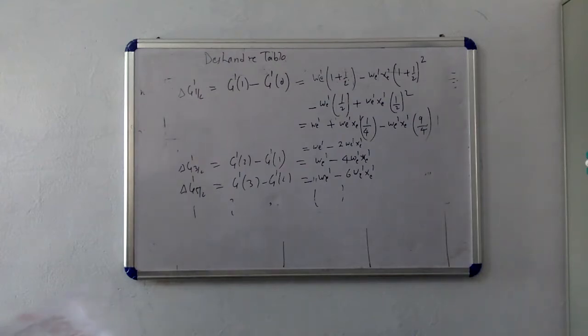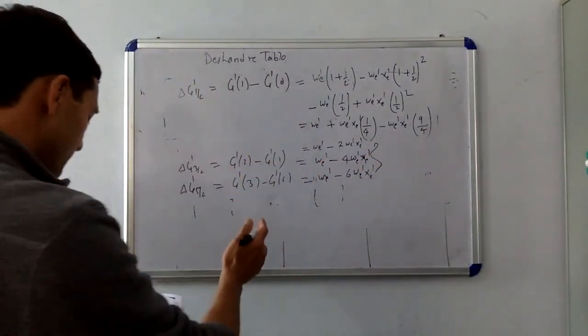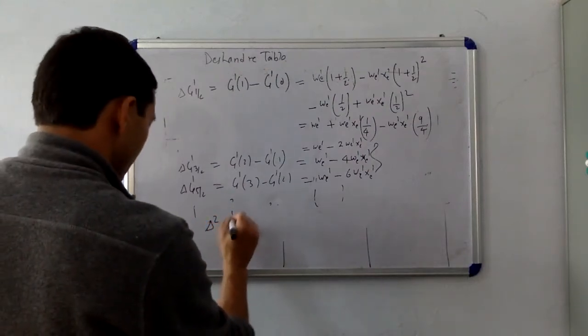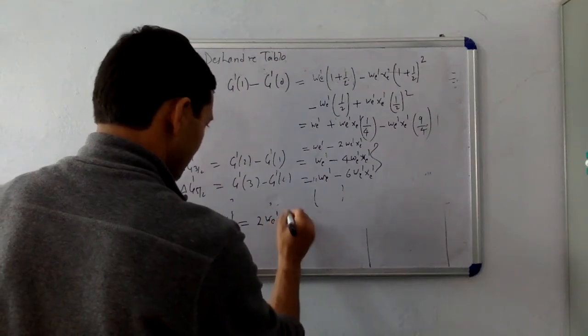So the second differences of successive vibrational quanta of the same state give the vibrational constant omega e x e. That is the anharmonicity constant for an upper state. Once you have the second difference between these, then delta squared G prime is equal to 2 omega e prime x e prime.